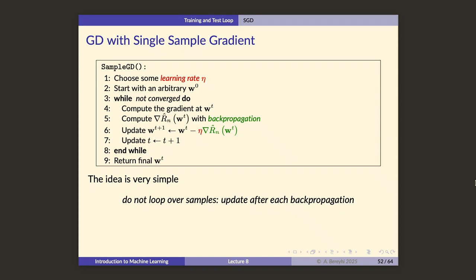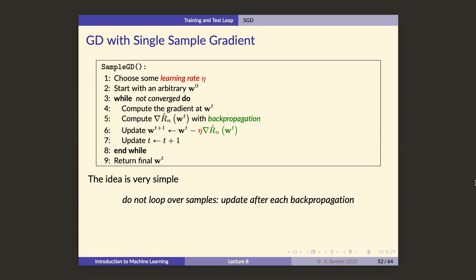Now, if I have 1,000 points inside my data set, how many updates do I do when I'm finished with my data set? 1,000, right? Because when I computed the gradient of the sample loss of the first point, I did one update. After the second point, I did another update. After the third point, I did another update.